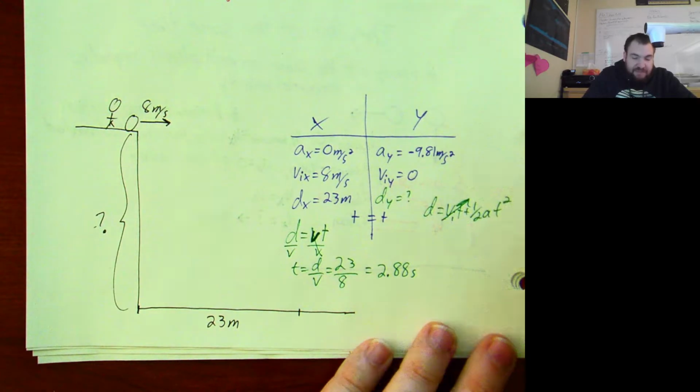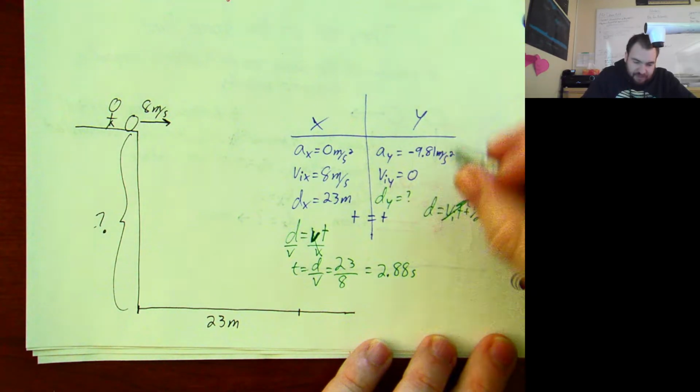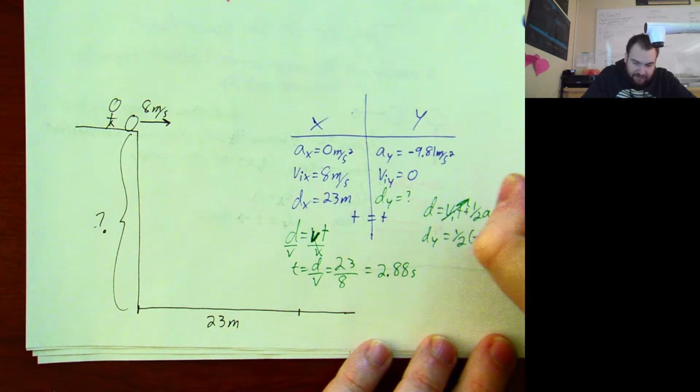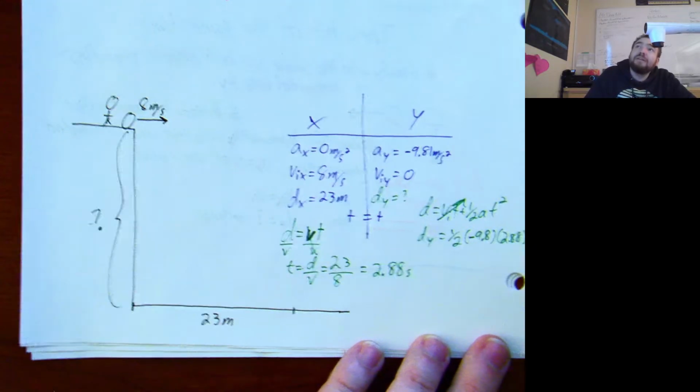This is gone because viy is 0. The dy is what we're looking for. We're going to get 1/2 negative 9.8 times 2.88 squared.